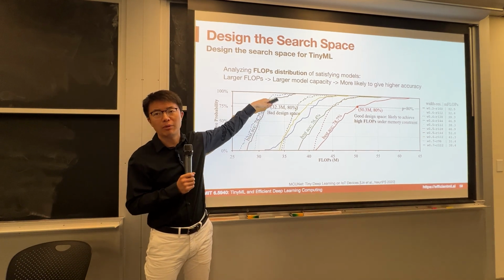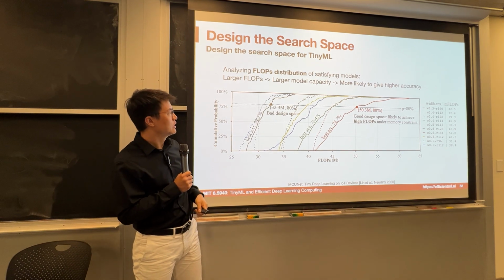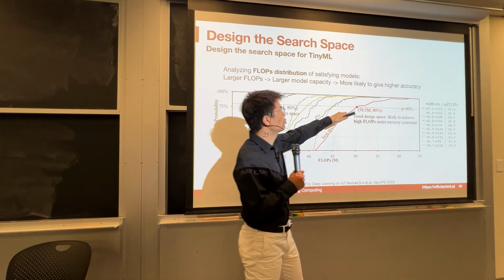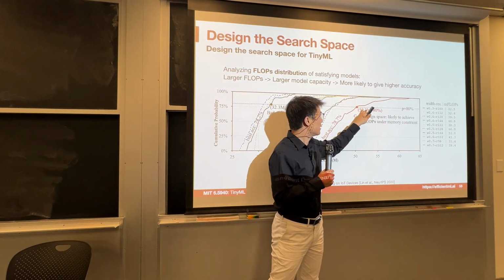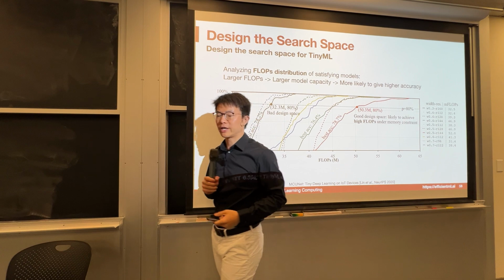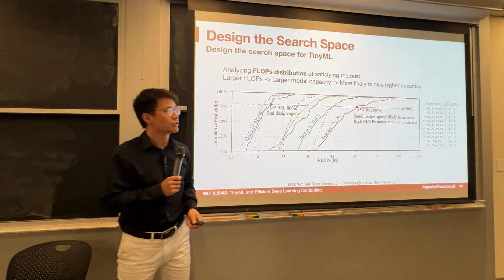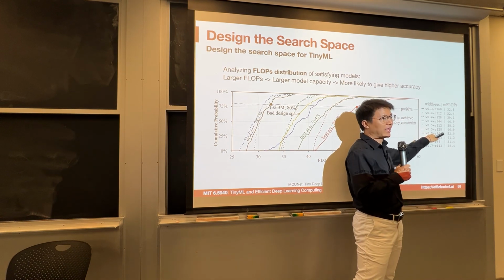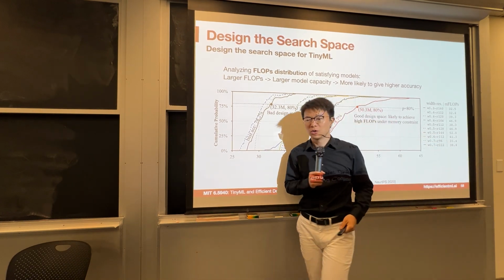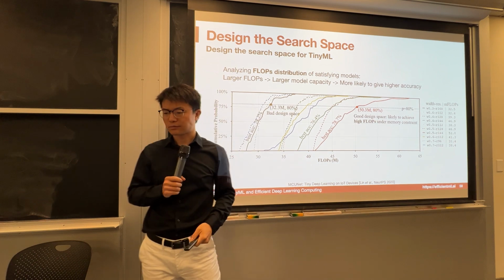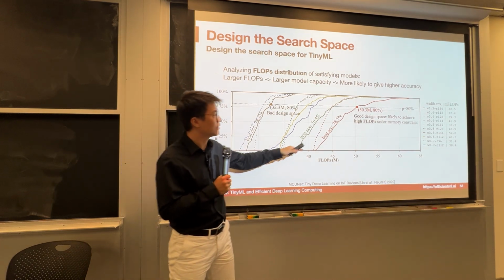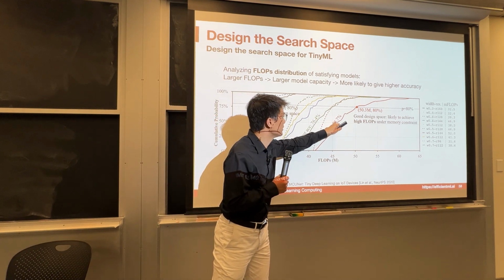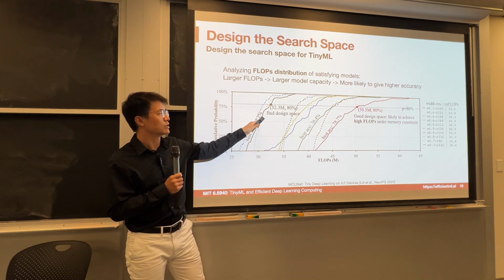Those top 20% of the models have number of flops greater than 32 million, while this top 20% is greater than 50 million. Okay, so apparently this red design space is better, which has the width of a half and resolution of 144. And indeed, when we evaluate the accuracy on this good design space, the best accuracy is 78, compared with this one is only 74.